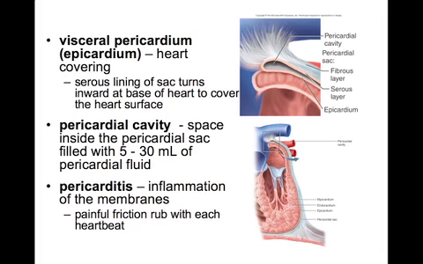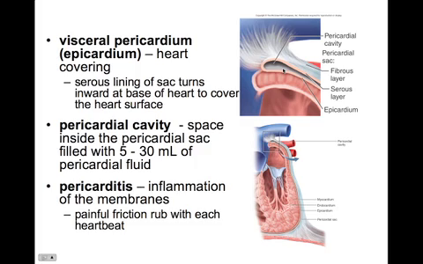The visceral pericardium, or the epicardium, is the covering on the heart itself. The serous lining of the sac turns inward at the base of the heart to cover the heart's surface. Remember, as if you're pushing an apple down into a balloon that's in a container. The pericardial cavity, again, is the space here between those two layers.